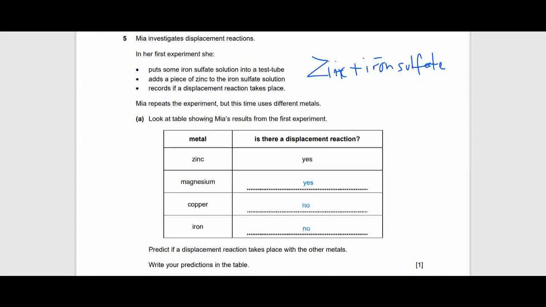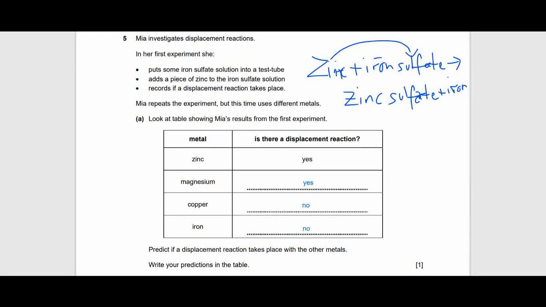Zinc will displace the iron, so it becomes zinc sulfate, and iron becomes alone. So there will be a reaction.